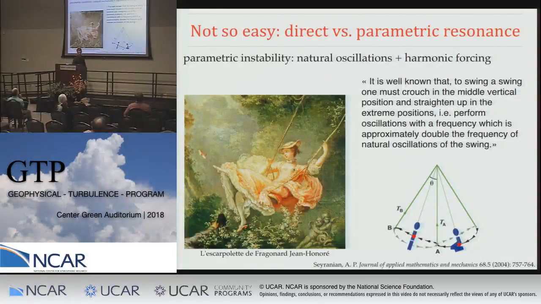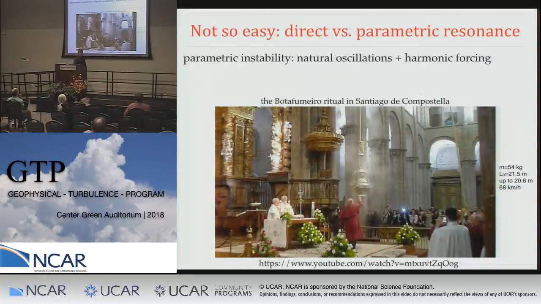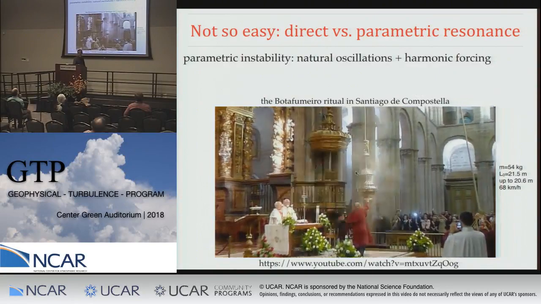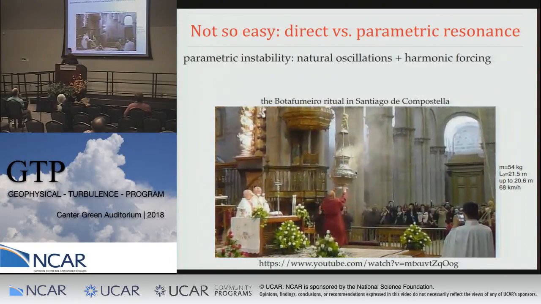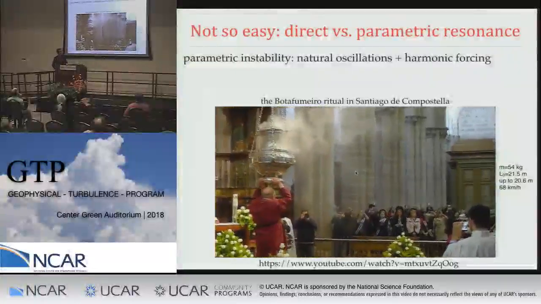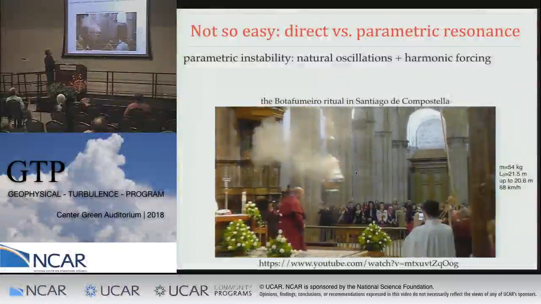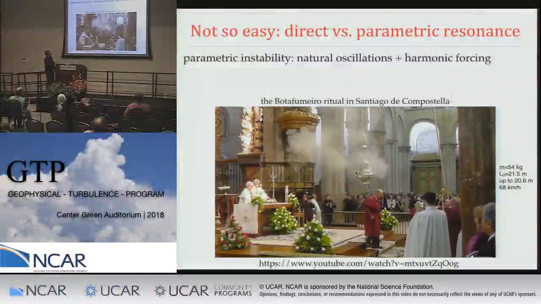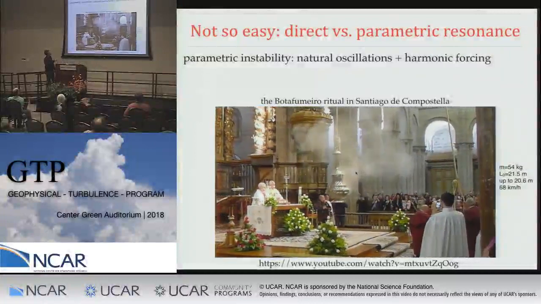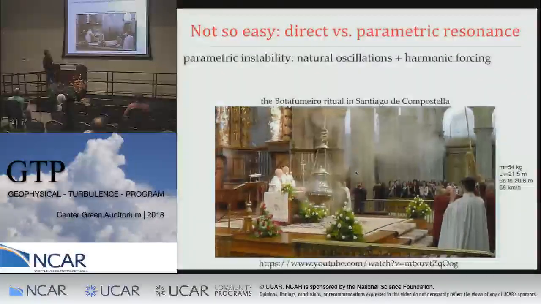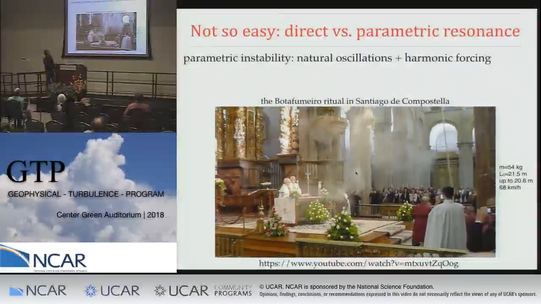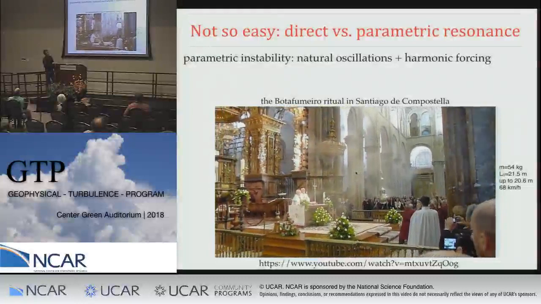eigenfrequency. And again, to show an example, I didn't find a nice movie of a swing, but I did find this one. We are in Santiago de Compostela. This object is 54 kilograms. The rope is 21 meters. And here you need 4 monks, and they will do a parametric resonance.